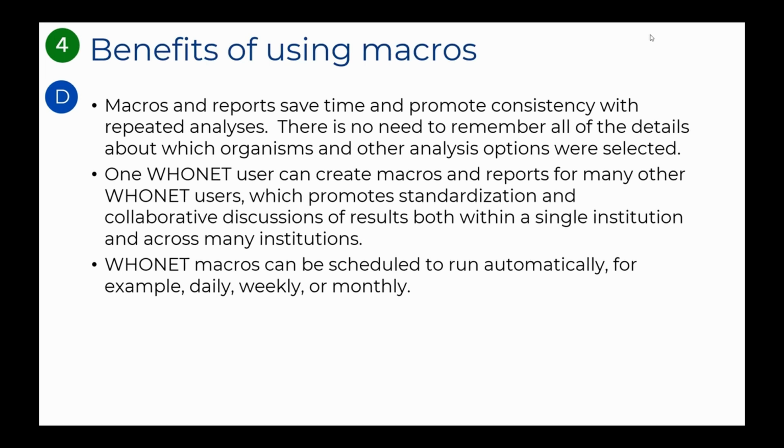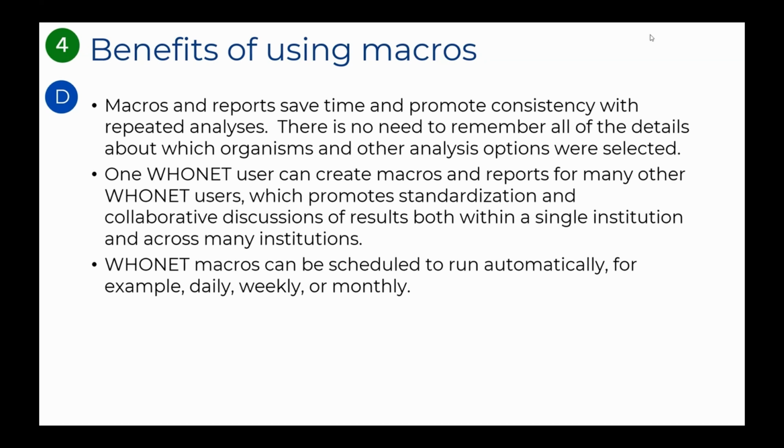There are several benefits to using macros. Macros save time and promote consistency with repeated analyses. There's no need to remember the details about which organisms and other analysis options were selected. One WHONET user can create macros and reports for other WHONET users, which promotes standardization and collaborative discussions of results, both within a single institution and across many institutions.